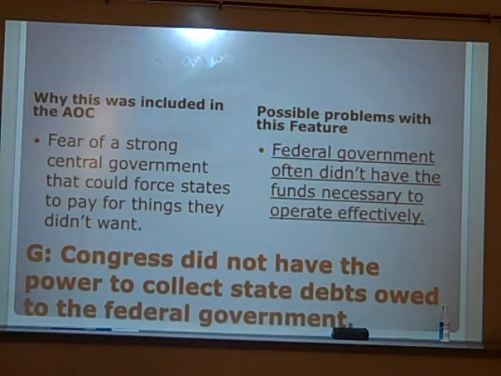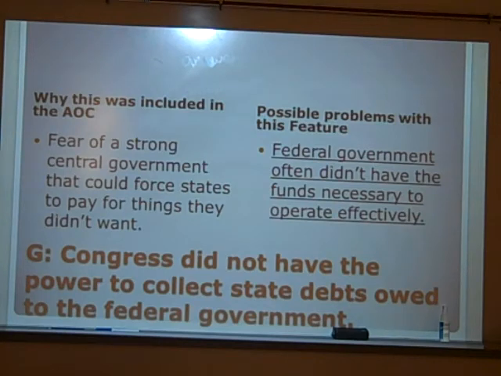Next one, Congress did not have the power to collect state debts owed to the federal government. So Congress sometimes would let people borrow money and they wouldn't get paid back. So what you have is a fear of a strong central government that could force states to pay for things they didn't want.